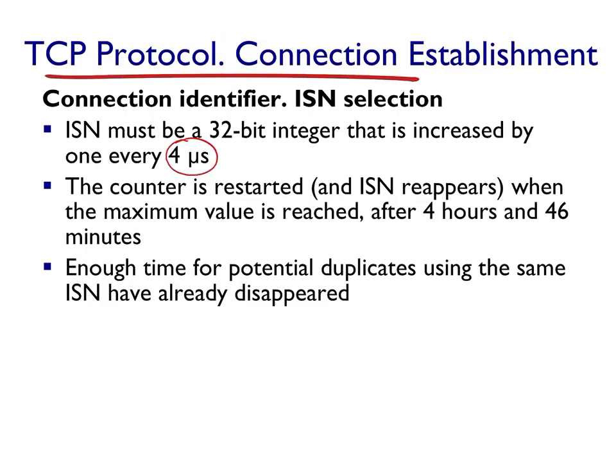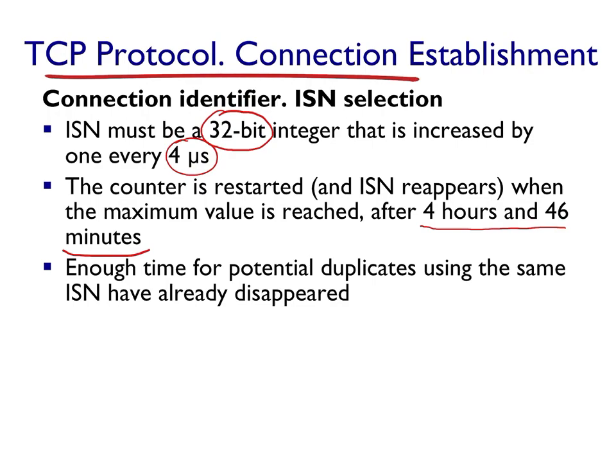Every 4 microseconds, this number is increased by 1. So as time passes, we will have a different initial sequence number based on time. Since this field is 32 bits long, it has a maximum value, and the initial sequence number will be restarted after 4 hours and 46 minutes.